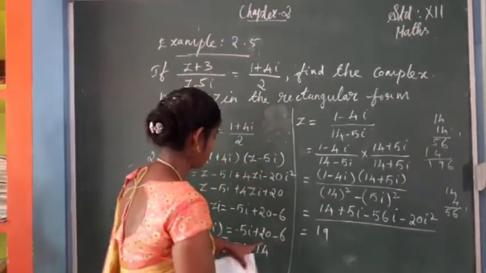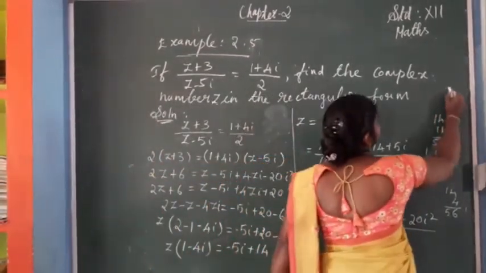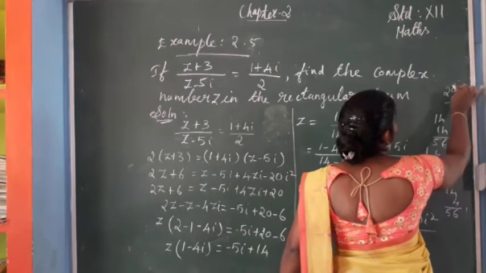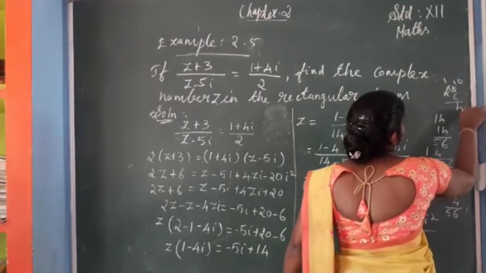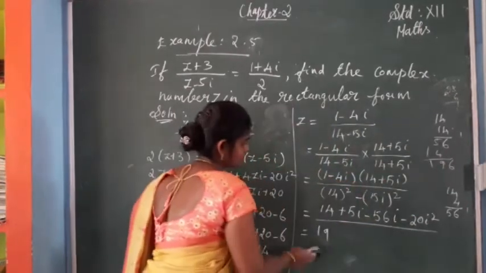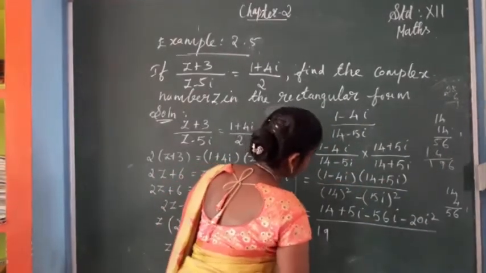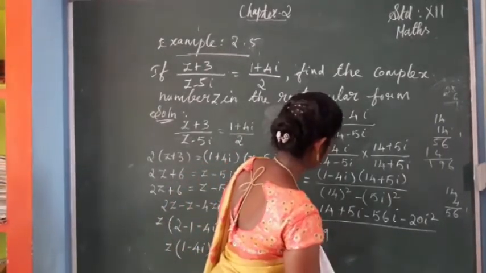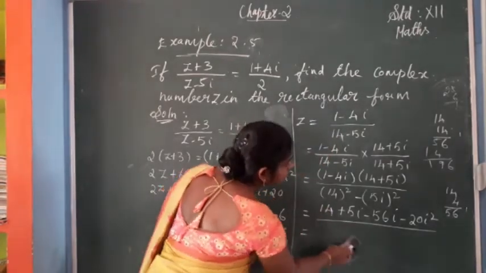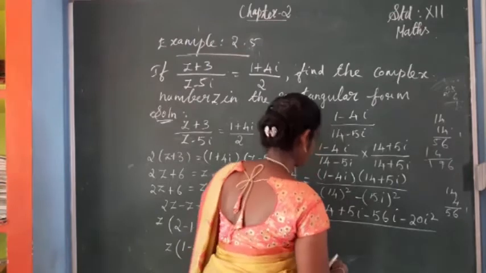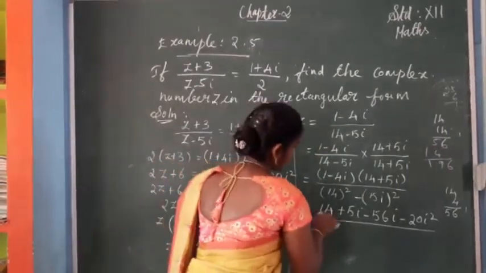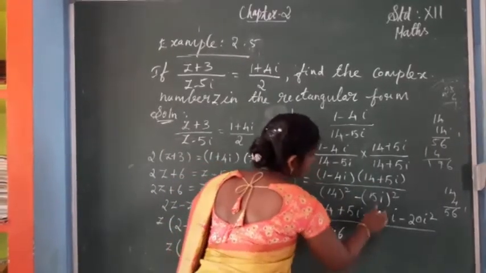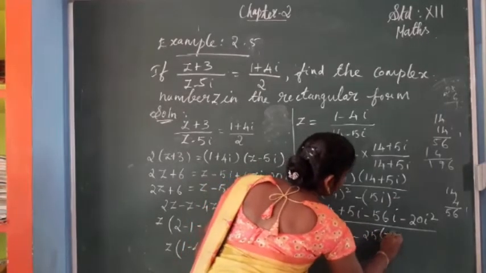So 14 square the value is 196, minus 5 square, the value is 25, into minus 1.